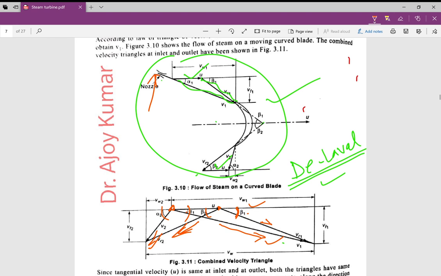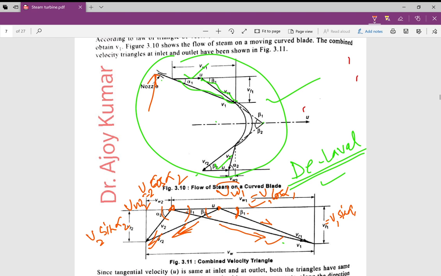Now, so easily we can say about this V1, as I told earlier, this is your V1 cos alpha 1, and V2 is your V2 cos alpha 2. So this is your VW2, this is your VW1. VF1 is V1 sin alpha 1 and VF2 is your V2 sin alpha 2, right?